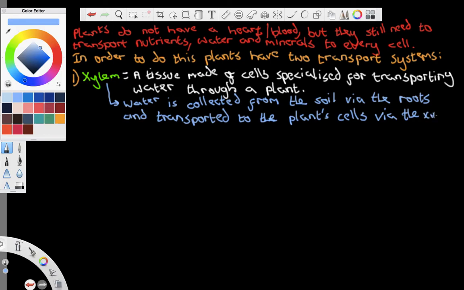So it's through the xylem that water collected in the roots is transported to each cell.